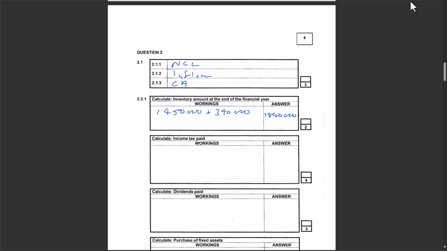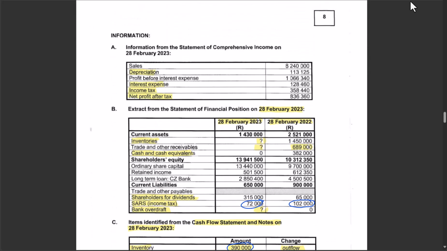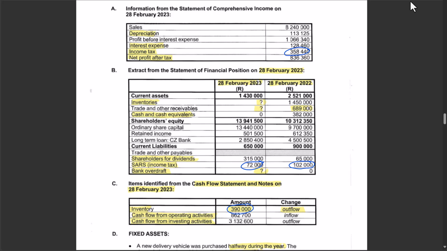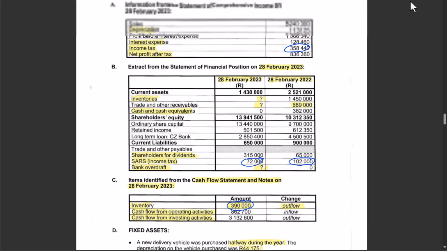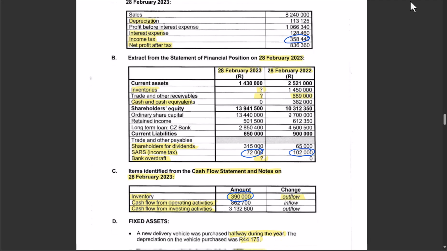Then income tax paid. Income tax paid comes from here. You've got the opening balance and the closing balance. Then you have income tax for the year, which is 358,440. To calculate income tax paid, you add the opening balance plus the current year tax, then minus the closing balance.